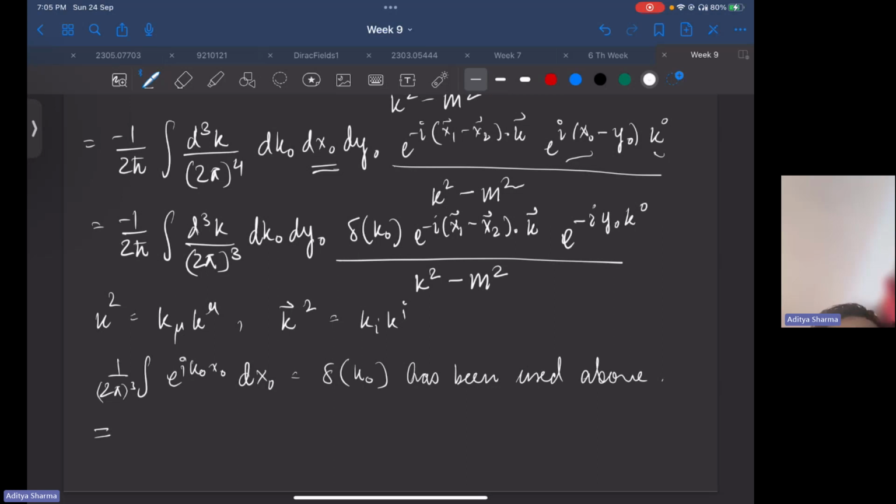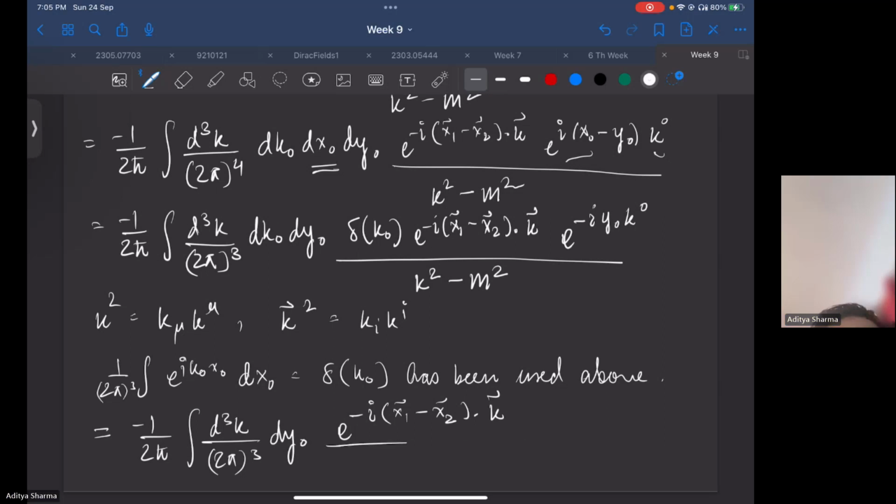Therefore, the above integral, now I'll do the integral over k0, and I'll get a dy0. Now k0, Dirac of k0 is 0. So I'm going to have it as 0, and the denominator will become k vector square plus m square. Okay.